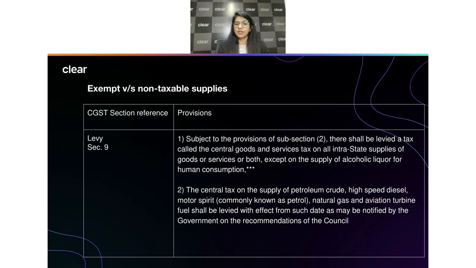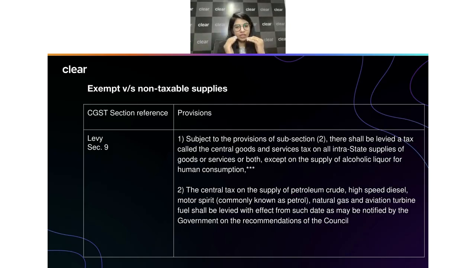And other than that, we just talked about exempt supplies. When we talk about exempt supply, whether it includes non-taxable supply, as we said, the definition of exempt supply actually includes your nil-rated supply as well as your non-taxable supply. Both are included, so you have to report the information whether you have purchased alcoholic liquor, or maybe petroleum crude, high speed diesel, motor spirit, natural gas or aviation turbine fuel.